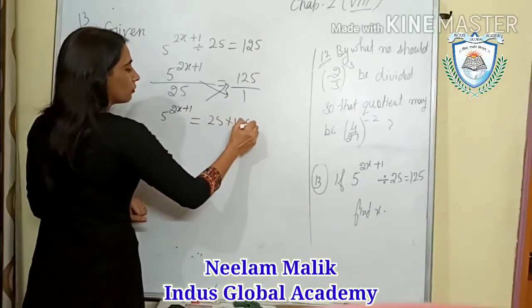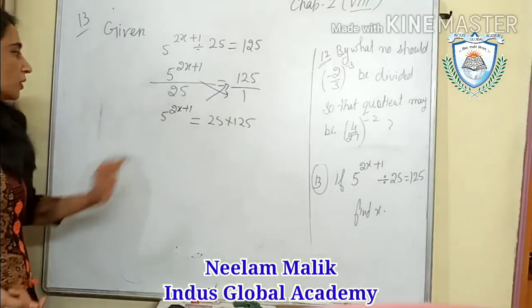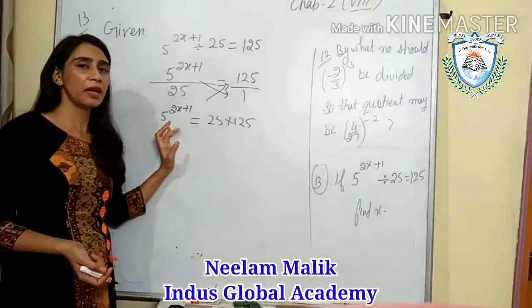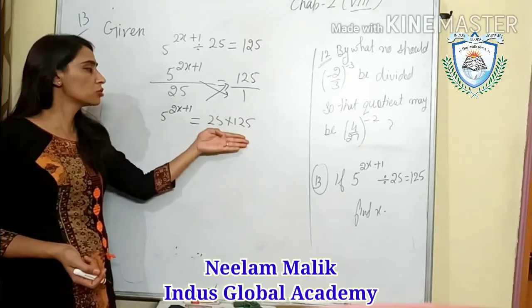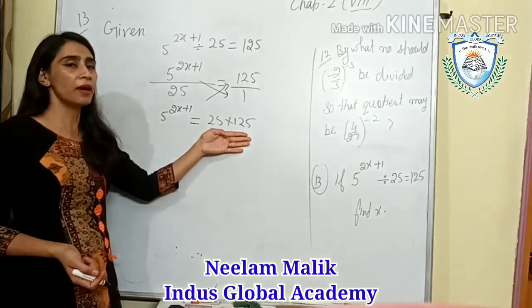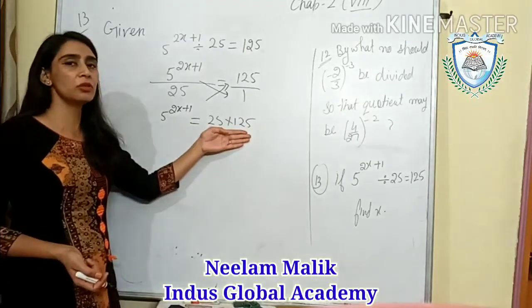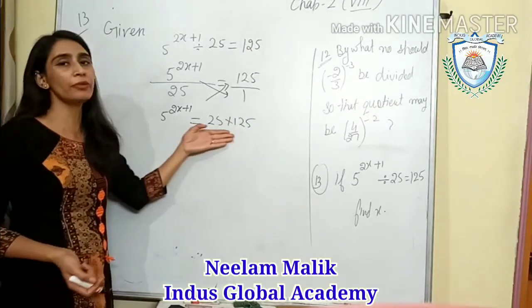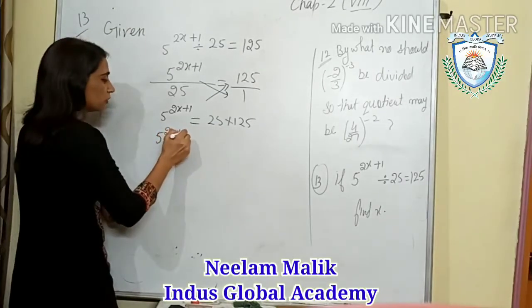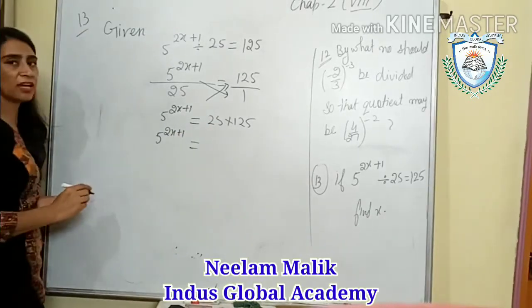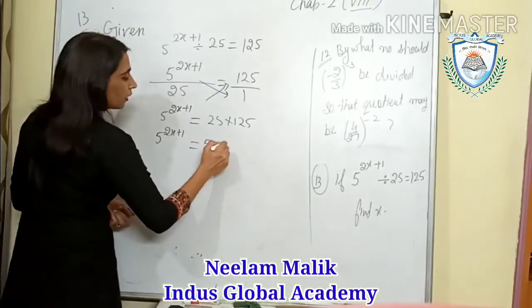Here the power of 5 is given, so we will convert this number also into exponents of 5, means in terms of 5, so that we can equate them. Okay, so 5^(2x+1) is equal to 25, means 5 into 5.